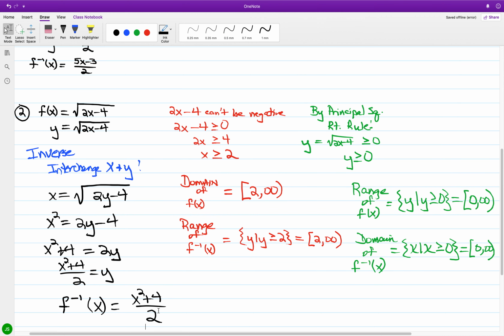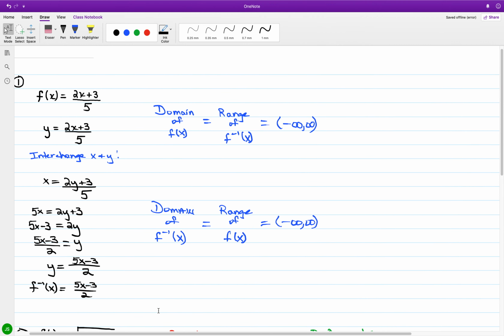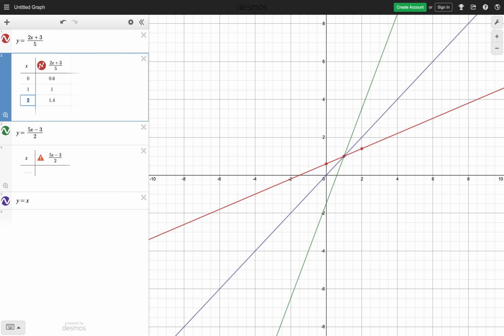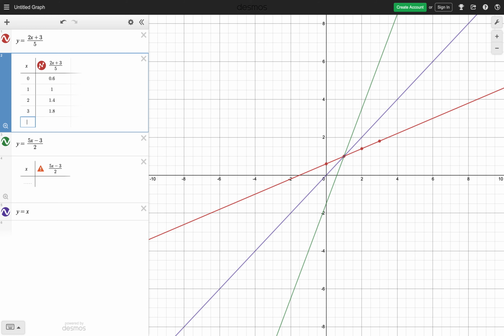And in looking at this from a graphing perspective, I'll show you both functions and their inverses. For y is equal to 2x plus 3 over 5 and y is equal to 5x minus 3 all over 2, if I insert some values, a function and its inverse will have interchanging x and y values.